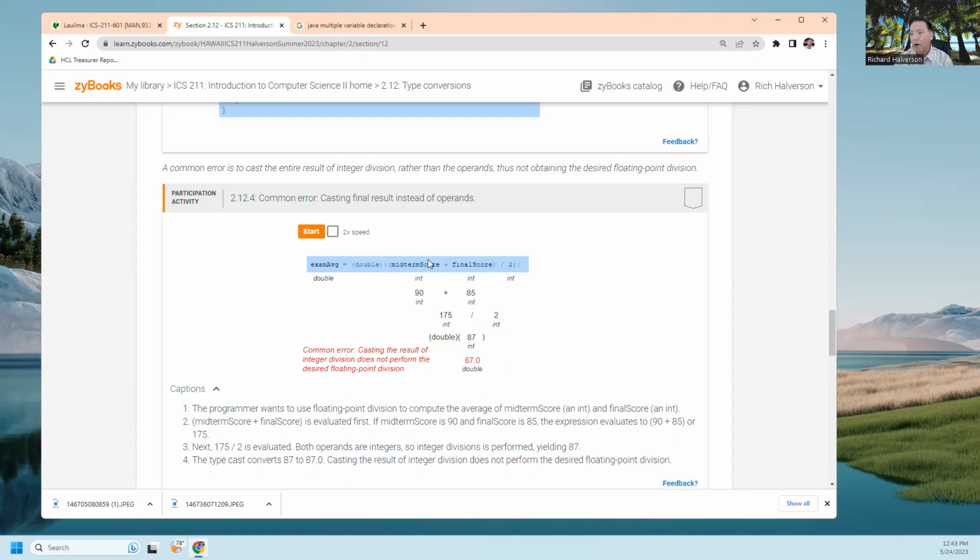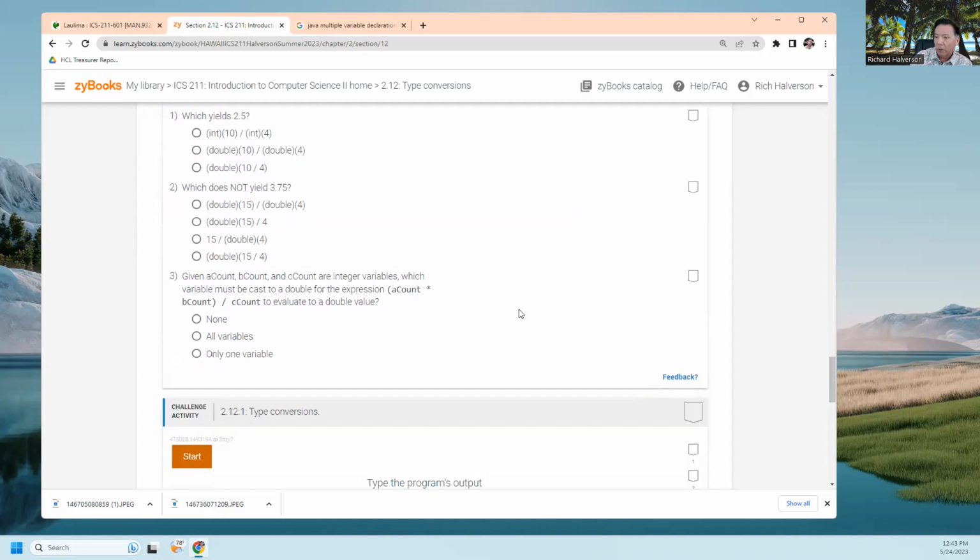And that's not what we want, because this is going to compute to an integer, and then we're just typecasting an integer, and we lose the decimal point, the fraction, and that's what we don't want to do.